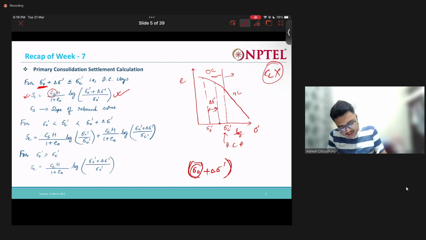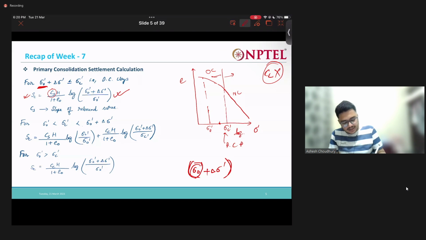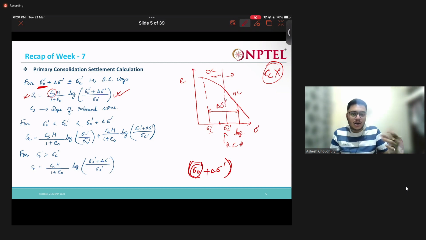The second case is that my initial stress was actually less than the pre-consolidation pressure, but my updated, incremented stress is greater than the pre-consolidation pressure.